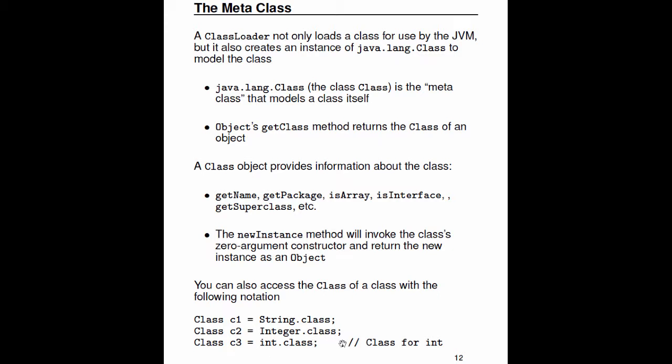So this is interesting. There is a meta class for the primitive type int, and you need this so that, for instance, let's say that you have a method that returns an int, or a class that has a field of type int. When you use the reflection API and you use this java.lang.Class API to find out about that field, and you ask, hey, what is the type of that field?